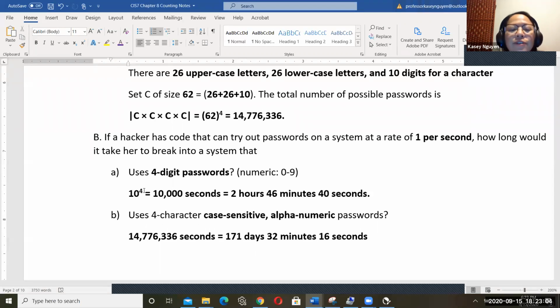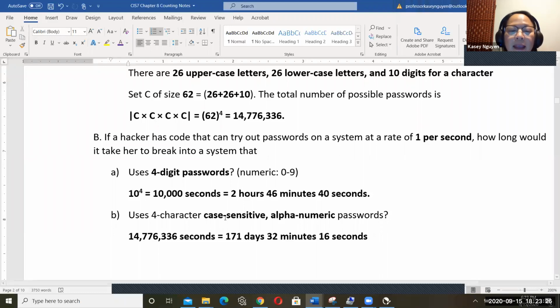Okay, so in a question like this, first you have to find out how many variations of passwords using a certain set. Once you have that, then you can convert that to the amount of time to crack each of the passwords.